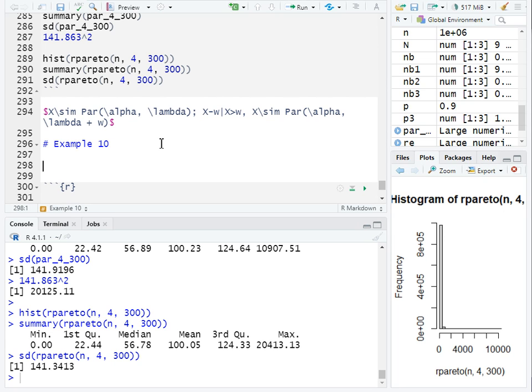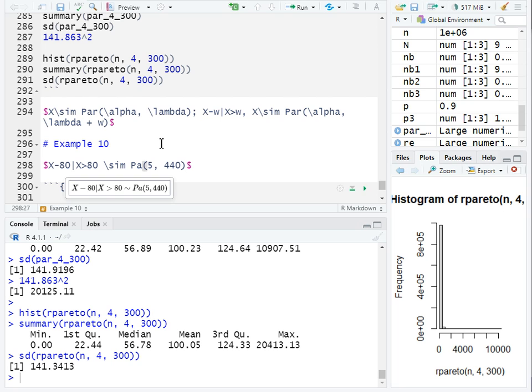First of all, what we can derive initially is that X minus 80 given that X more than 80 is Pareto distributed with values of 5 and 440. Okay, so 80 plus 360 is 440.